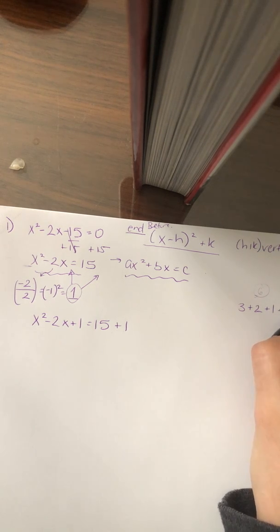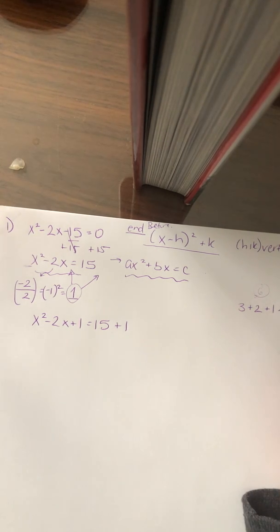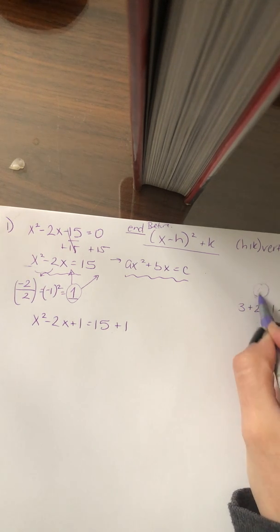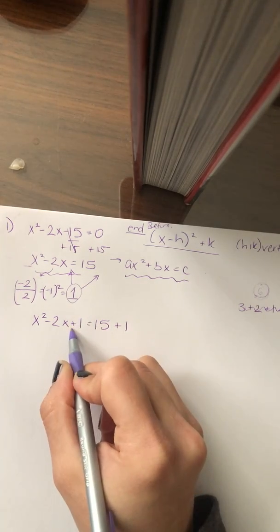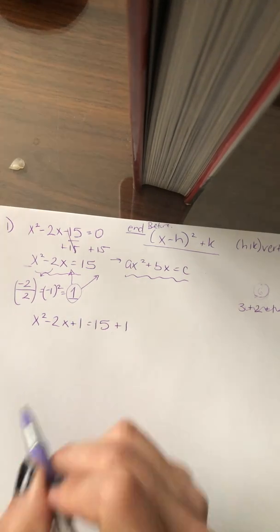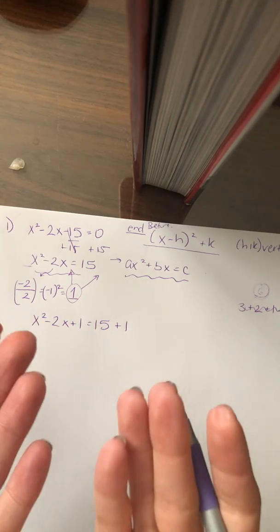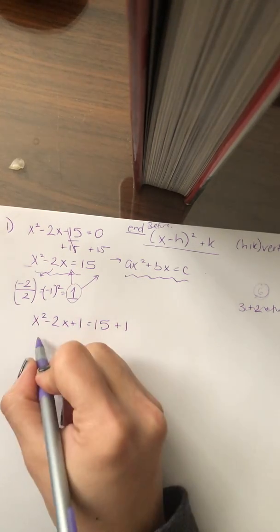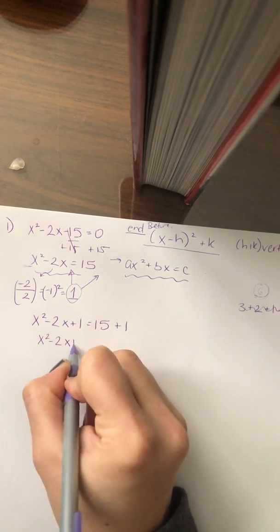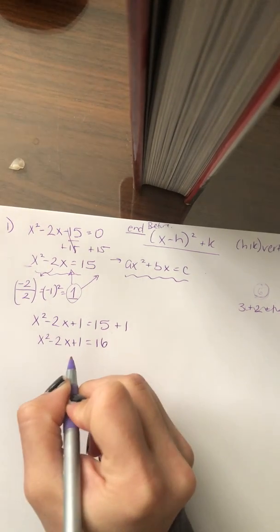If I add a 1, now it's going to be 7. So what do I have to do somewhere else to make it still equal 6? I need to minus 1. So we want that 0 value because we want to keep it the natural way. With this, we're balancing an equation. If I add 1 to the left, I'm allowed to add 1 to the right because now I have values on both sides. All right, so now we have x squared minus 2x plus 1 equals 16.